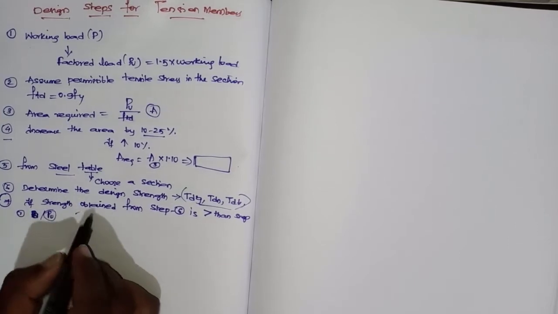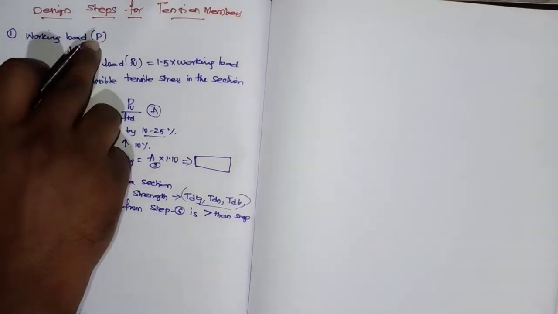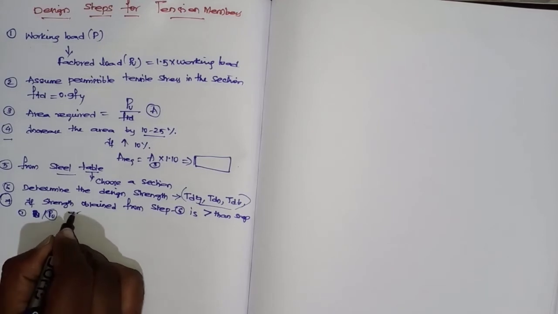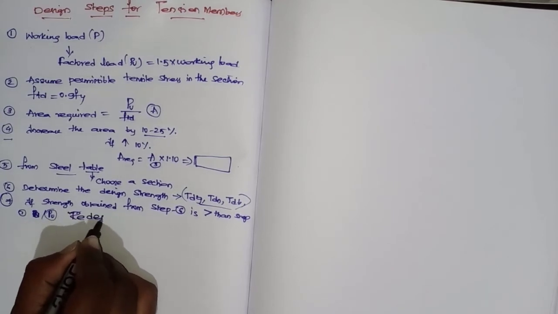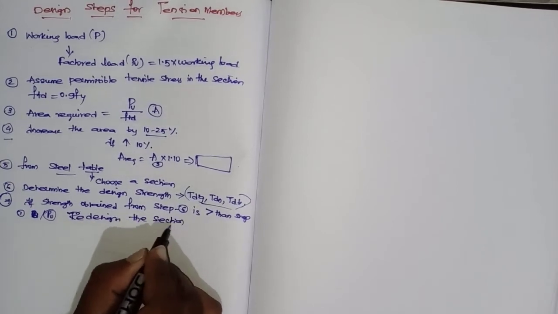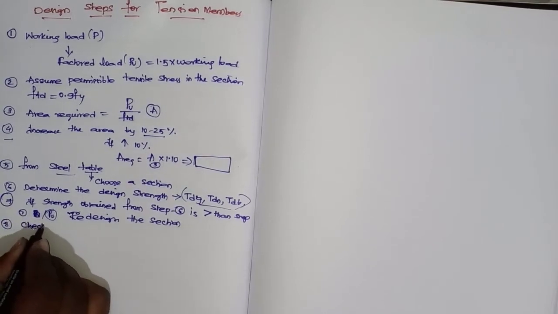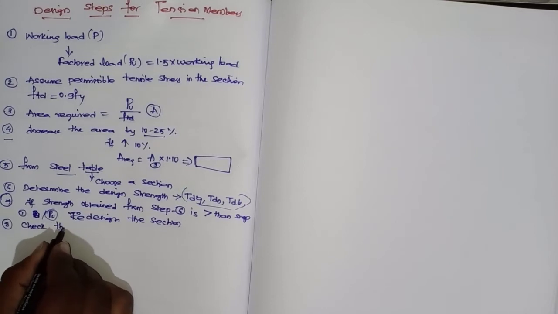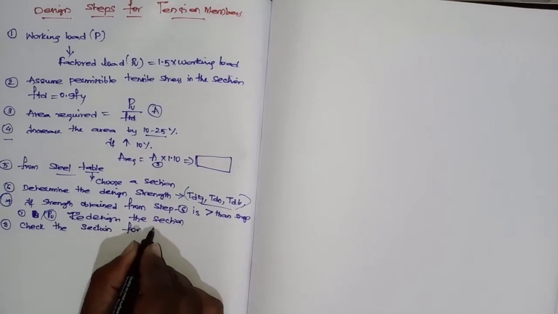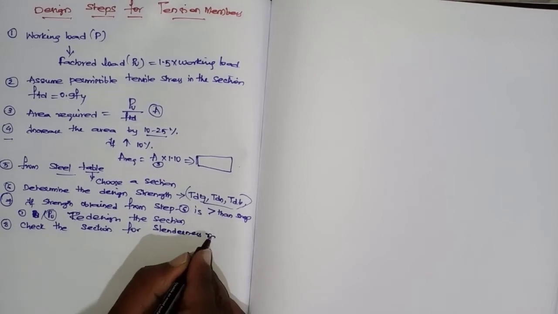If the value obtained in step 6 is less than PU, then you have to redesign the section. And the last one, check the section for slenderness ratio.